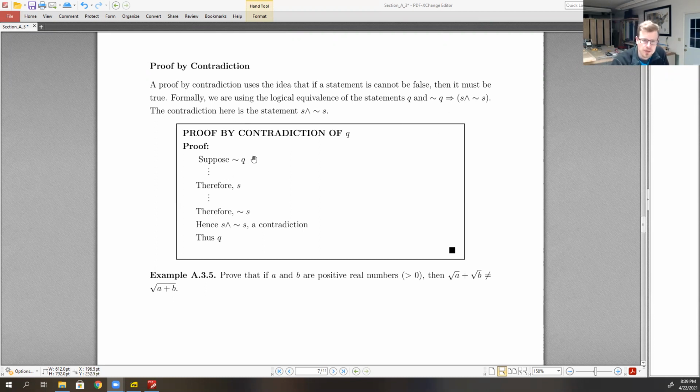Okay, so what we do for a proof by contradiction of just a statement Q, we suppose that it's not true. This will usually lead us to something, but then using not Q, it'll lead us to saying not that something as well.